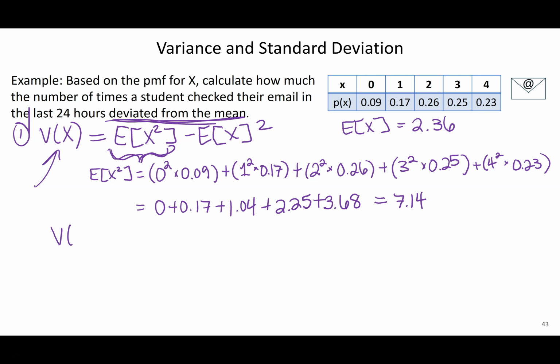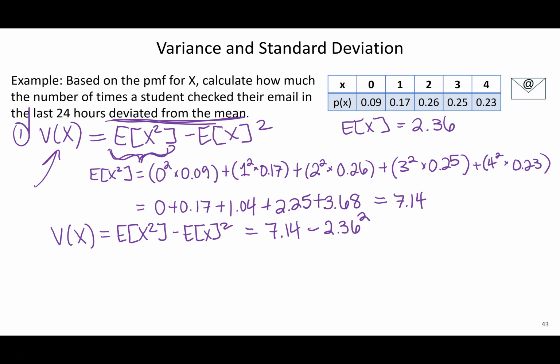So now we have to go back. So my variance is equal to the expected value of x squared minus the expected value of x, squared. So that 7.14 minus that 2.36 squared.